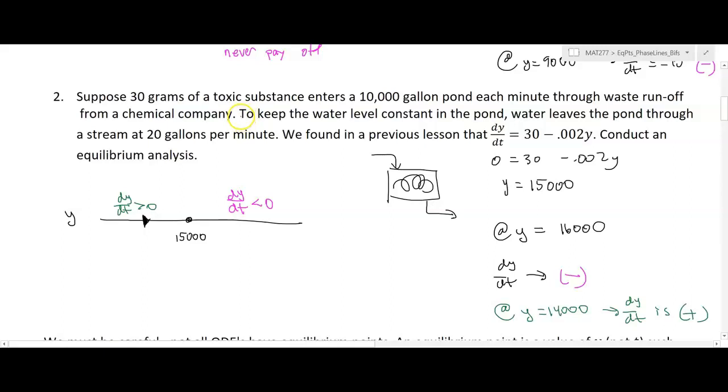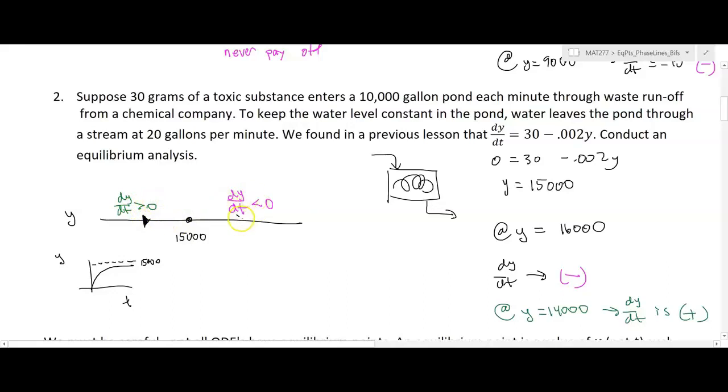We saw that over time, looking at the y versus t graph for having initially 0, we saw something that looked like this, with an asymptote here at y equals 15,000. Notice that we don't have any information here about t.